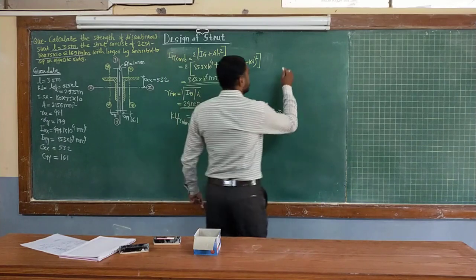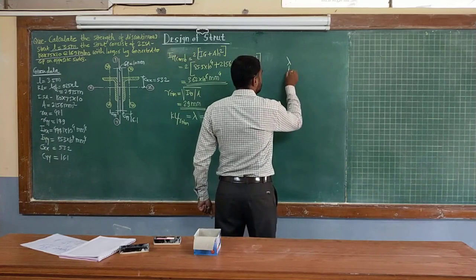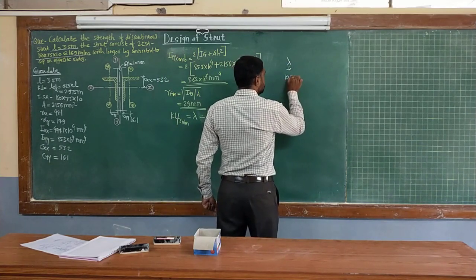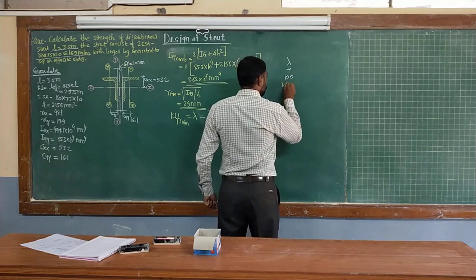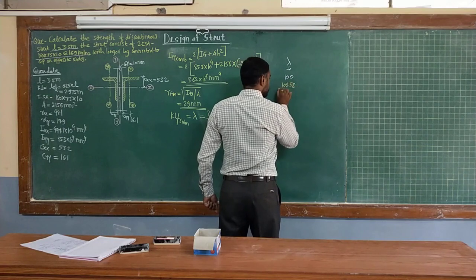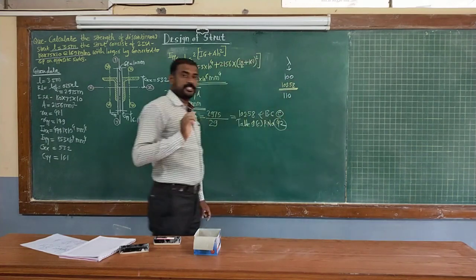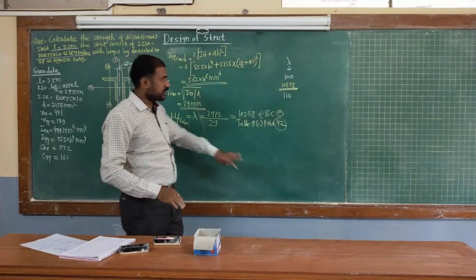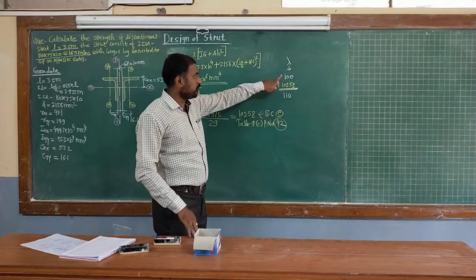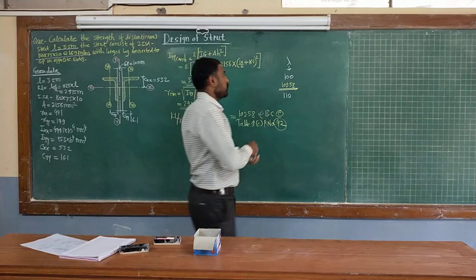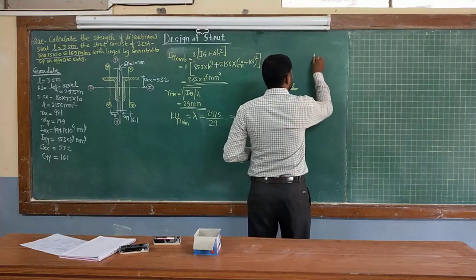So initially I am writing lambda values here, 100 and 110, and I require the value at 102.58. So FCD value is to be calculated for slenderness ratio 102.58, which is an intermediate value of 100 and 110.